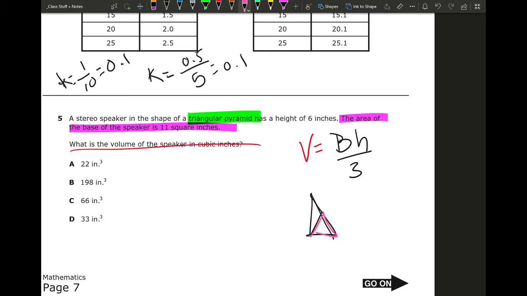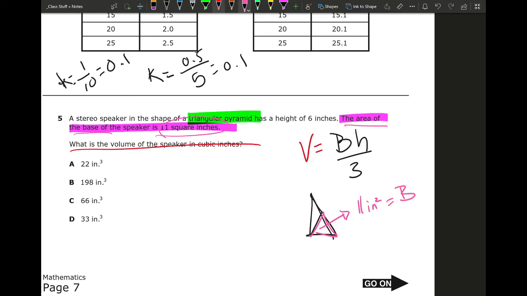In this case, they already give it to you. The area of the base is 11 square inches, so you don't have to find it. This is big B.